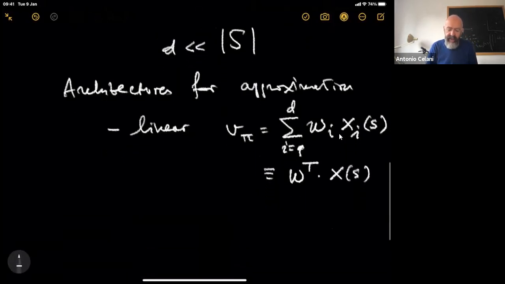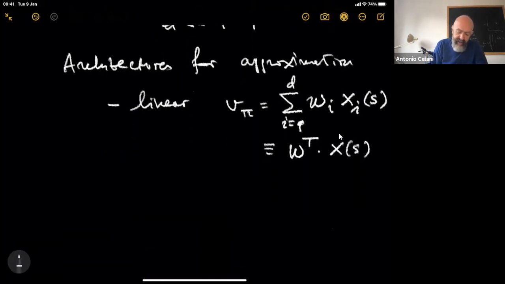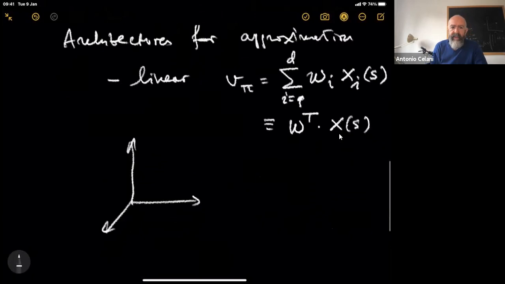What does that mean? Well, it means that suppose that here I have my high dimensional space of states. Okay, so this is the coordinate for the value in state 1. This is the coordinate for the value in state 2. This is the coordinate for the value in state 3.